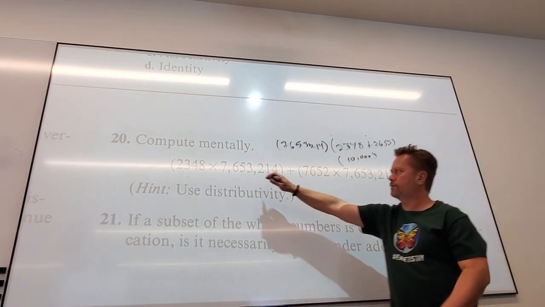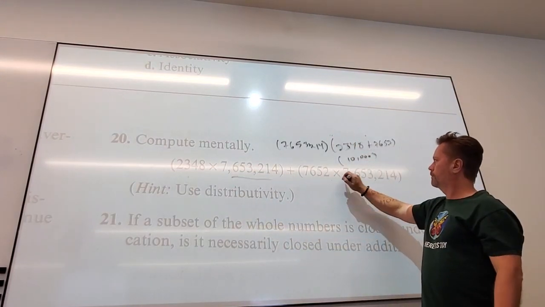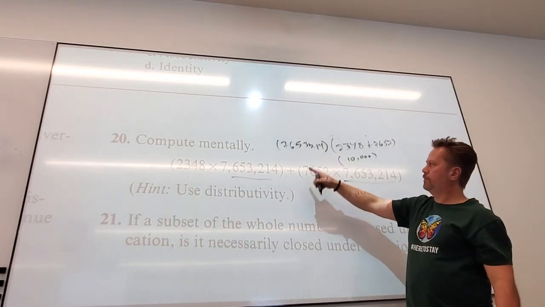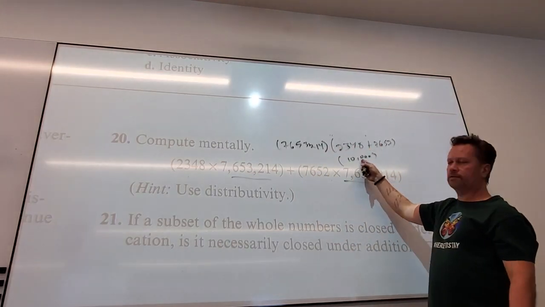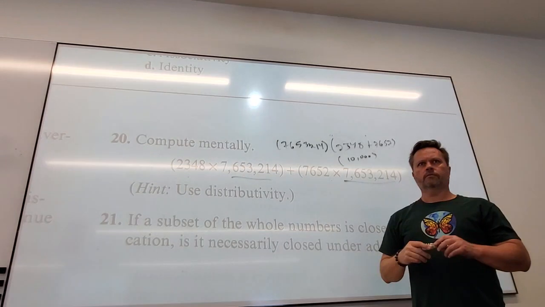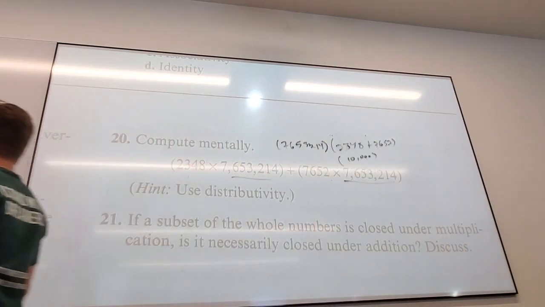You notice that these are the same, so you just take them out. And what's left actually adds up to be a nice multiple of 10. This happens more than you know.